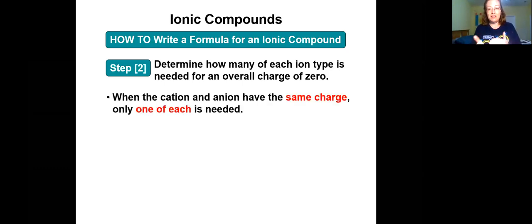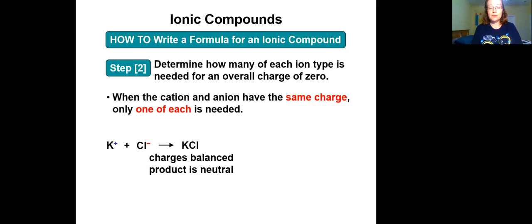When the cation and the anion have the same size charge, obviously one will be positive and one will be negative, but if the number is the same, only one of each is needed. They balance out. So K with a +1, chloride with a -1, we just need one of each. There are invisible 1 subscripts down here. So it's a ratio of 1 to 1. We have a neutral compound.